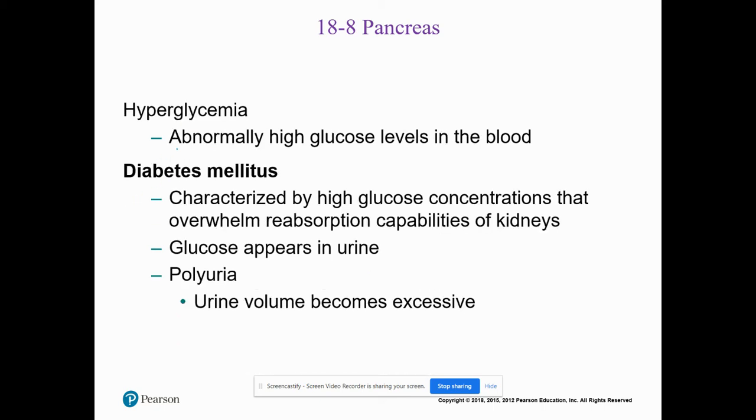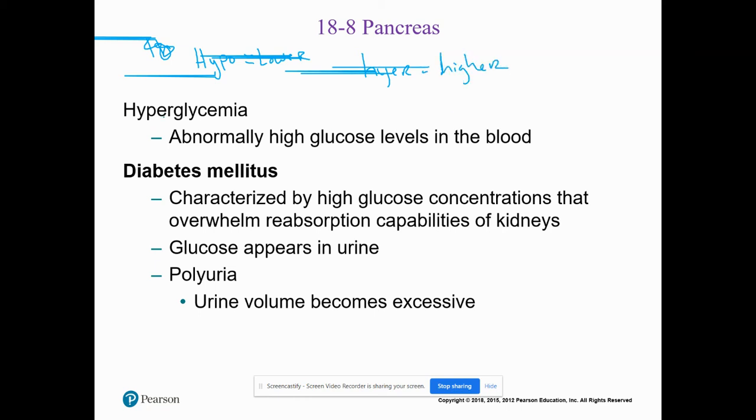Hyperglycemia. This is actually the opposite. So if you guys ever run into hypo, hypo is lower. Hyper is higher.